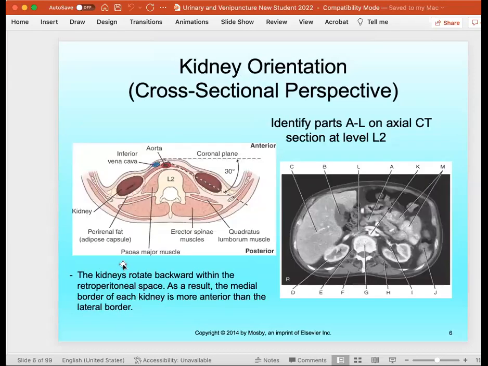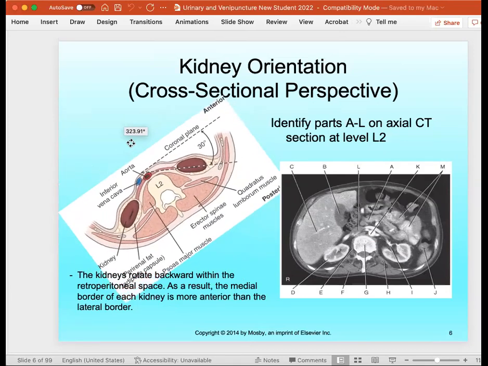And that's going to be important when it comes down to positioning, right? If we want to make, for example, the left kidney parallel to the image receptor, we would have to do this, and that's going to make it parallel to the image receptor.